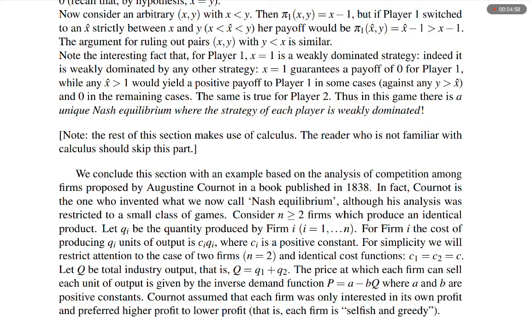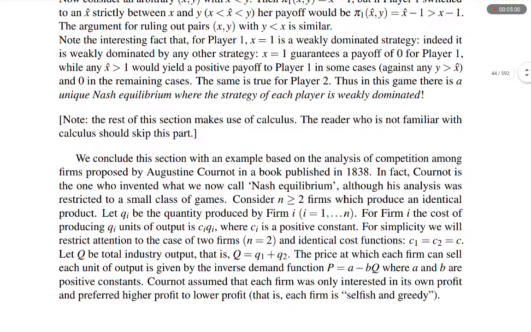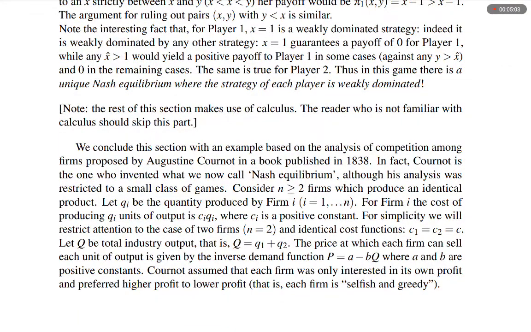The argument for ruling out pairs (x, y) with y less than x is similar.